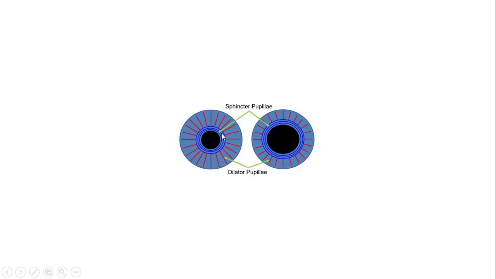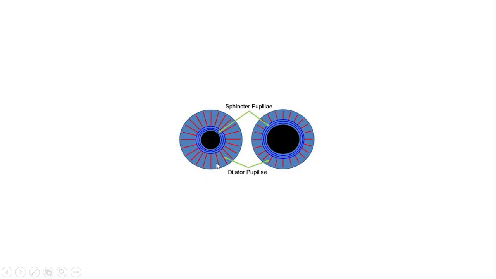We have concentrically oriented muscle fibers found at the inner portion of the iris, and this is known as the sphincter pupillae muscle. When the sphincter pupillae muscle contracts, it constricts the aperture of the pupil. It makes the pupil become smaller or narrower.